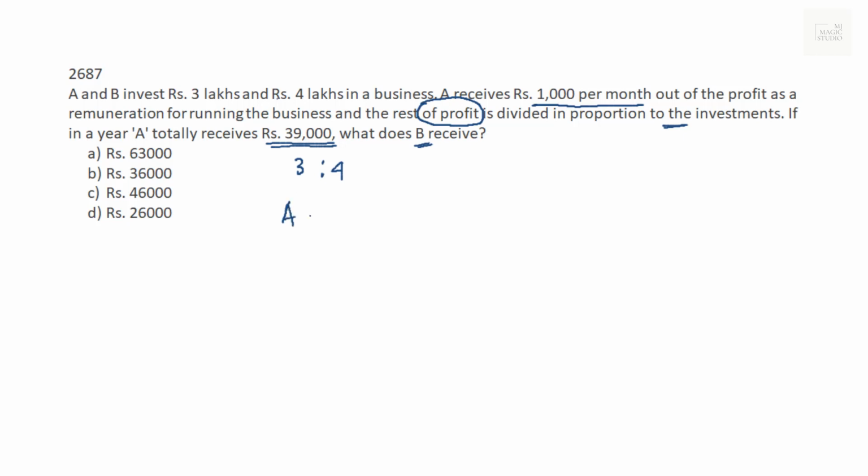Then A has received 1000 into 12, that is his salary, plus profit is X, then he would get 3x by 7. That is equal to 39,000. This is the salary component and this is the profit from the rest of the profit.